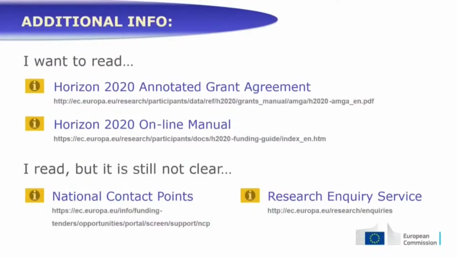In that case, you can first of all contact your national contact points. These are people who are specifically dedicated in your country to reply to questions about Horizon 2020. They speak your language, they know your particularities, and they are particularly knowledgeable about certain aspects of Horizon 2020. The contact details of your national contact points are available also in the portal.